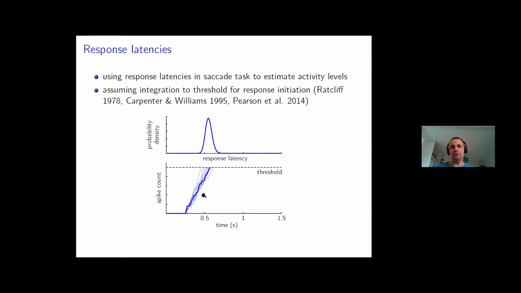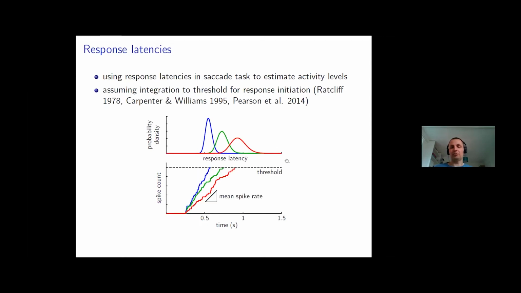So you just integrate up the spikes that you have seen. And at some point, you reach the threshold, and you assume that that is the time at which the eye movement is generated, based on the spatial information from the spikes that you have seen so far. And this produces, again due to random noise in the spikes, these response profiles over response latencies, which generally also fit very nicely to behavioral data.